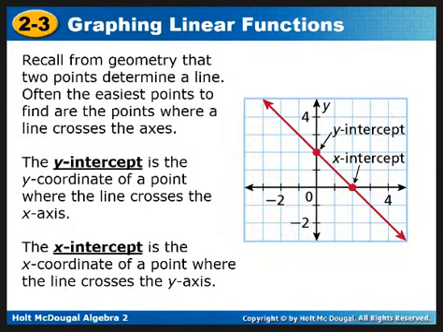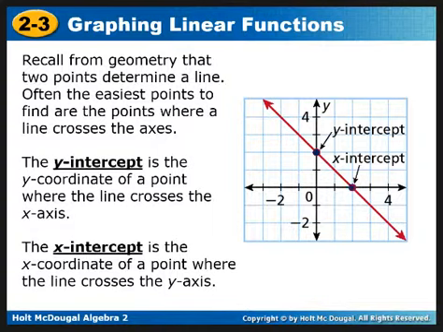Now, going back to the very beginning, when I talked about some key terms or key concepts that we were going to come across, I talked about intercepts. Now, we should all be pretty familiar with the y-intercept, or basically the point at which the graph crosses the y-axis. X-intercept has the same general idea, but instead of talking about where our graph crosses the y-axis, we talk about where it crosses the x-axis.